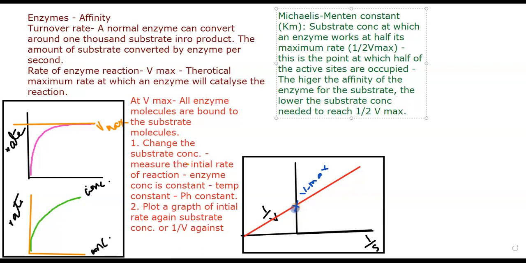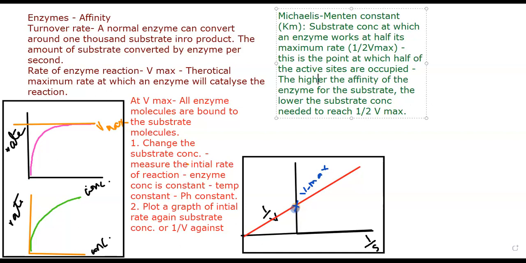So the higher the affinity, the more that enzyme is going to be attracted to the substrate, so the binding between the enzyme and the substrate will be more, because the enzyme is really attracted to the substrate.